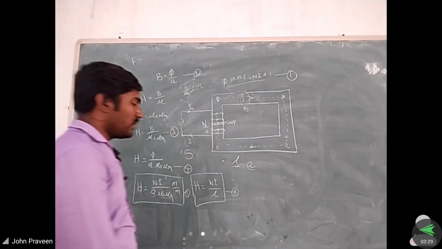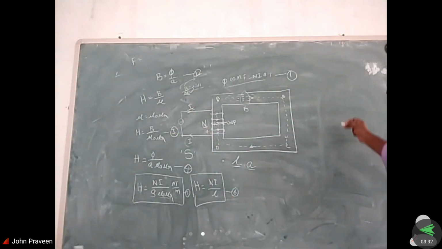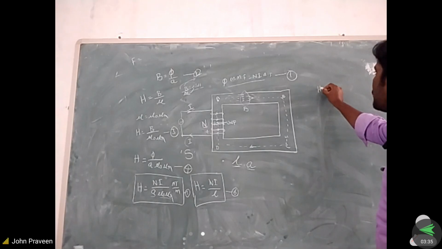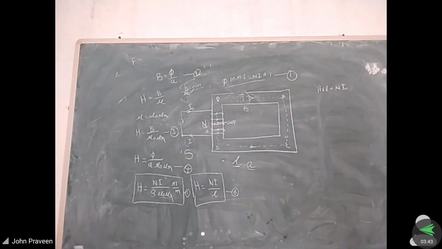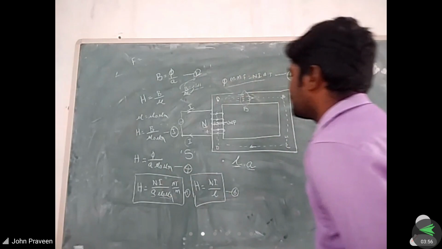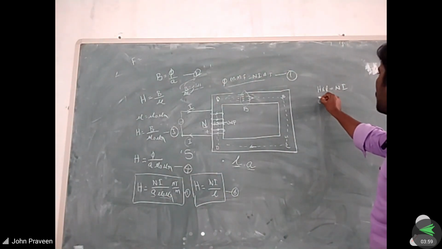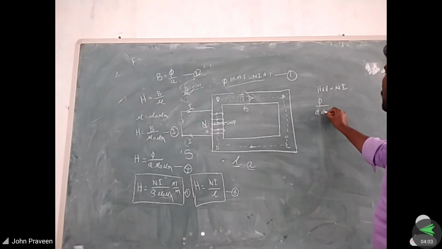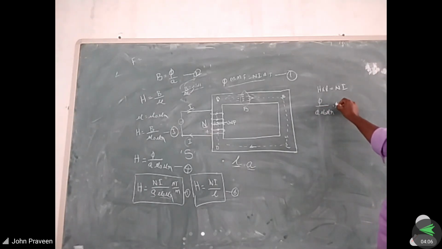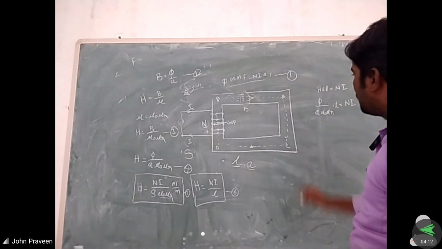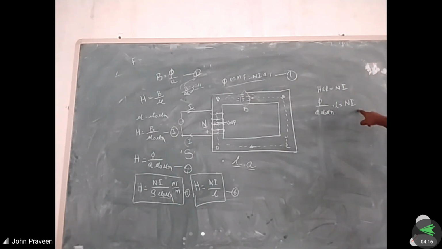From equation 6, what can be simplified? H into L is equal to N into I. Already we know the H value, so substitute the H value here: phi by A into mu naught mu r into L is equal to N into I. But our requirement is that only phi should remain, so the rest of the terms we move to the RHS.